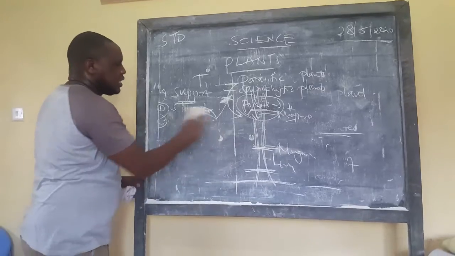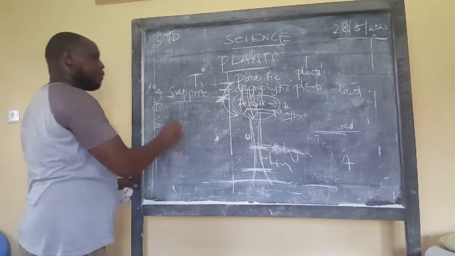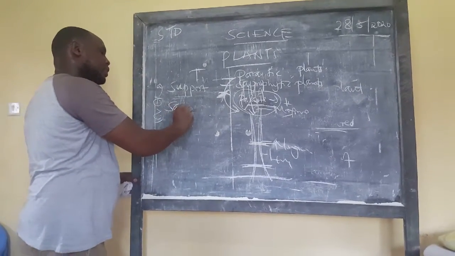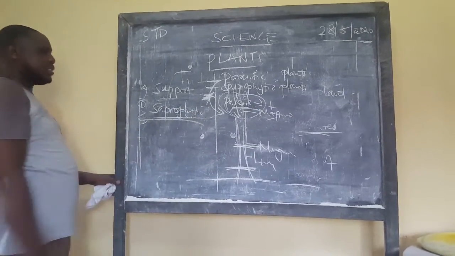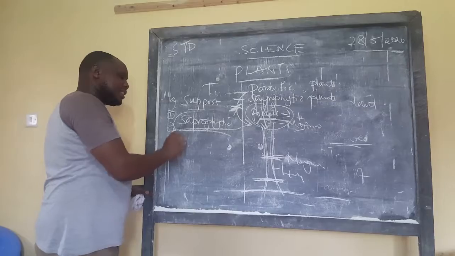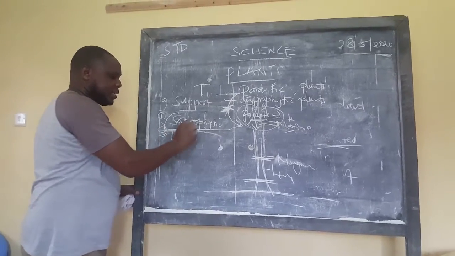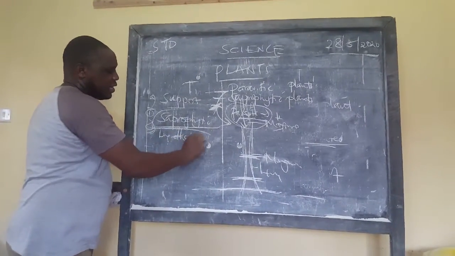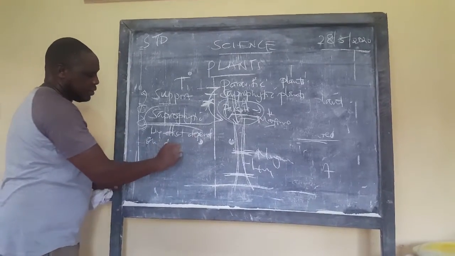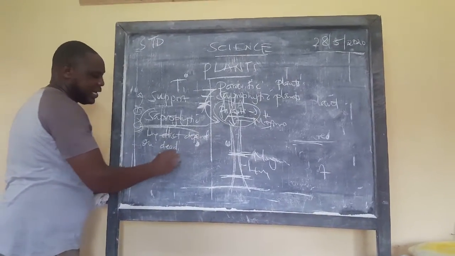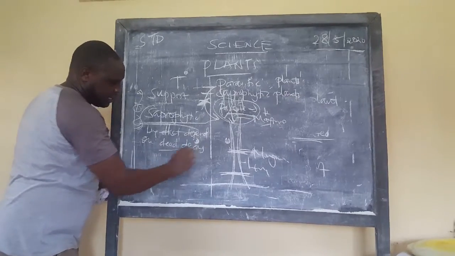So the next is the opposite of that, a saprophyte. Saprophytic plant. And what is a saprophyte? These are living plants that depend on dead, learn the word dead, decaying matter.